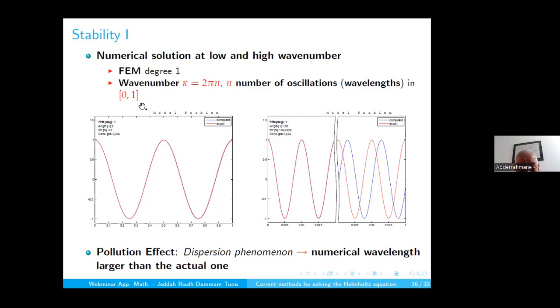But if you augment k, but maintain the density, you have here too 24 nodes per oscillation. But you see for 100 oscillations, the error becomes completely wrong.